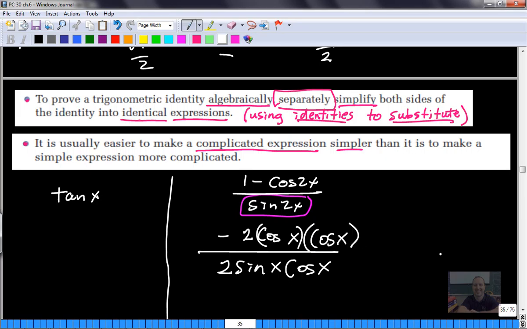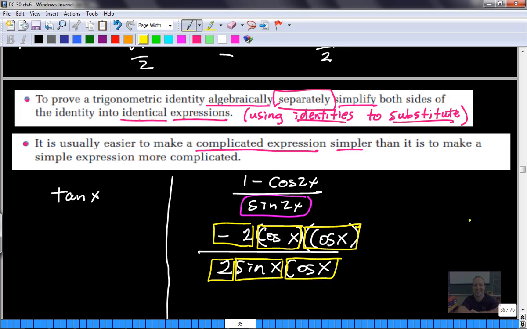Okay, you remember that? So now you can maybe clearly see, and I'll outline this in yellow now, I have a factor here. I have a factor here. A factor here. And in the denominator, I have a factor here. I have a factor here. And I have a factor here.